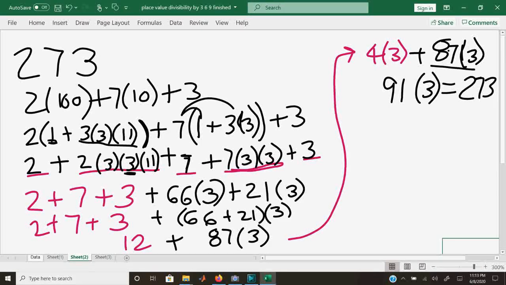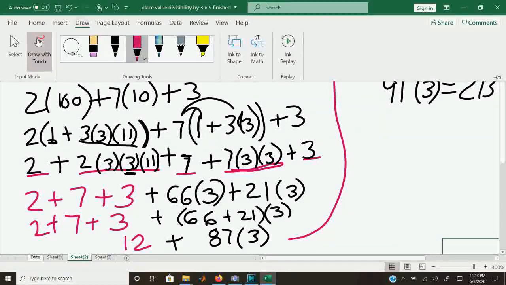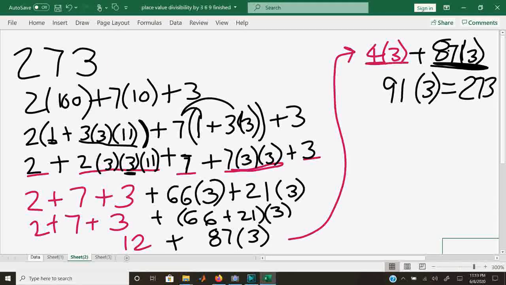I didn't really need to worry about this part of the number because I knew that part was going to come out divisible by 3. All I needed to worry about was the sum of my digits, where I added up 2, 7, and 3. Since that was divisible by 3, the rest of it had to be divisible by 3.